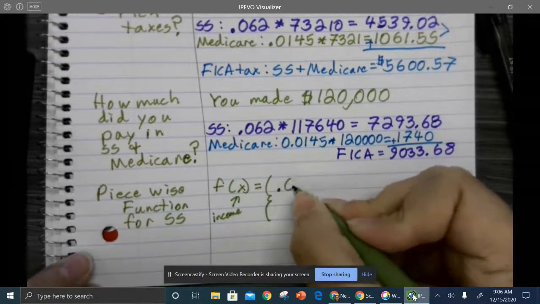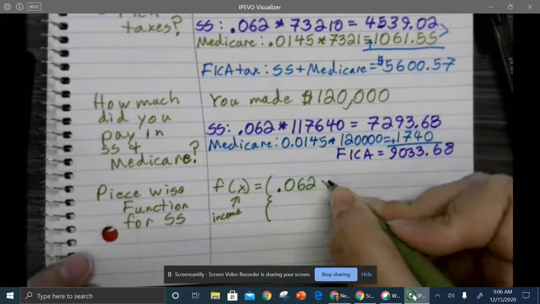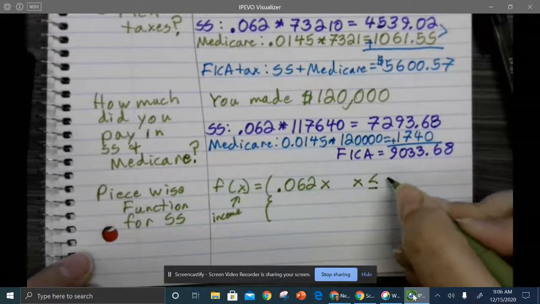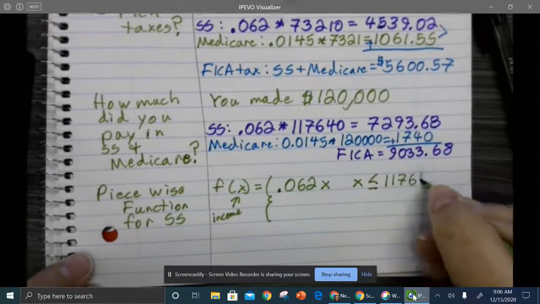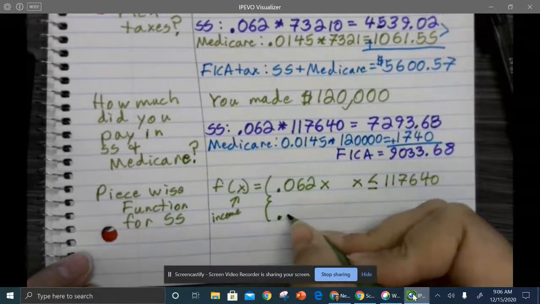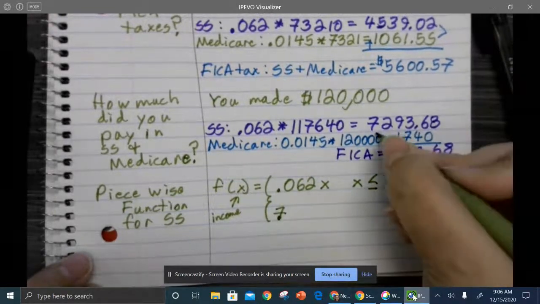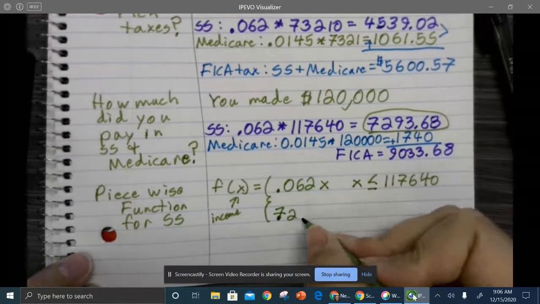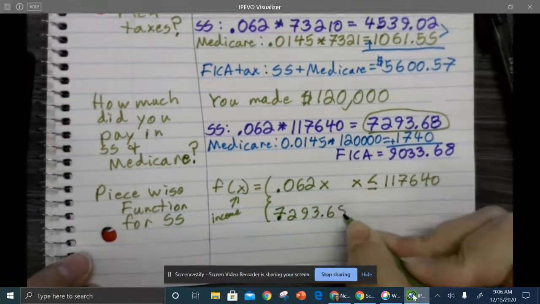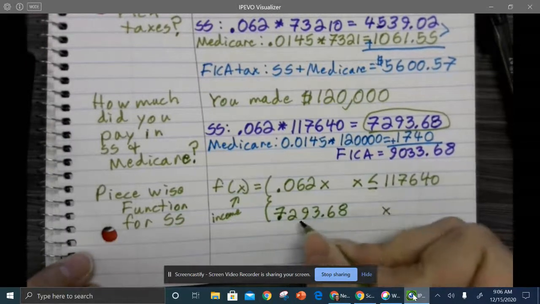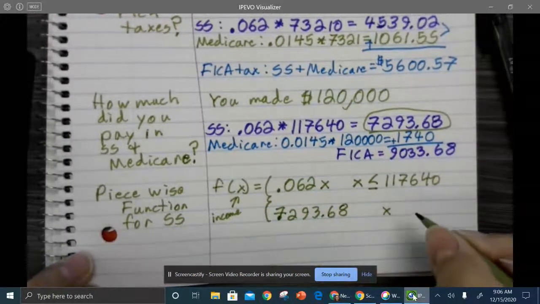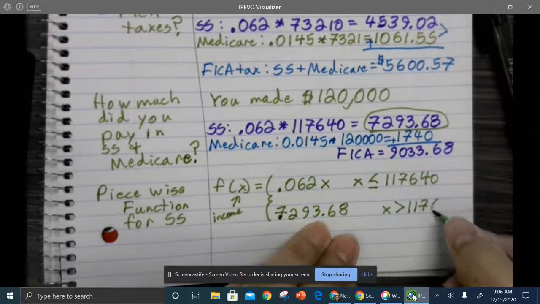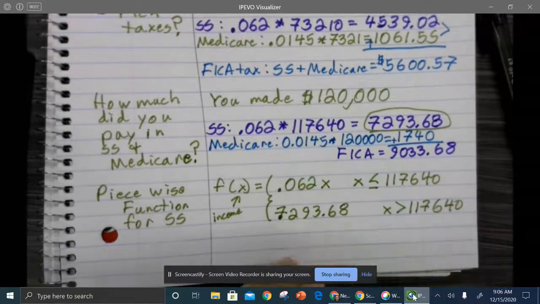So we have 0.062x, the percentage as a decimal, when x, the income, is less than or equal to 117,640. And so we're going to have this amount. Okay. So it's $7,293.68, when the income is more than 117,640. Okay.